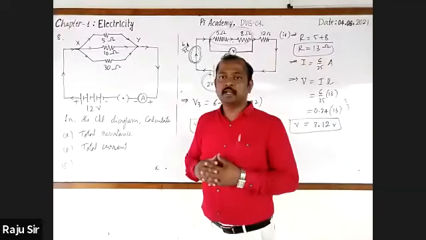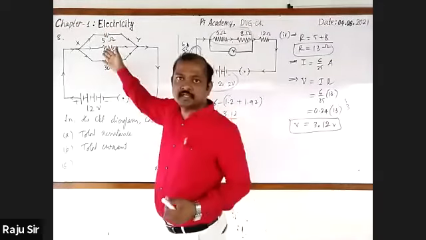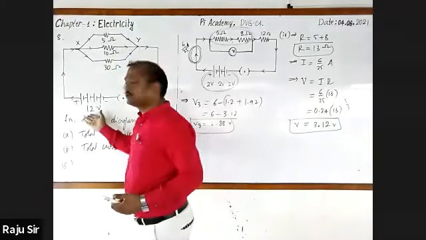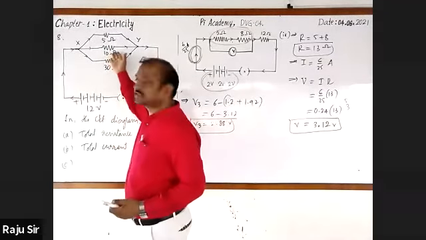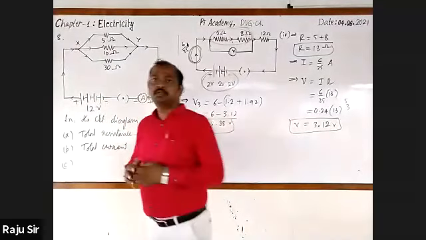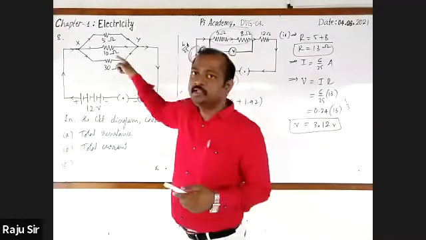Observe here. We know that voltage across each resistor is the same. Voltage across the first one is 12 volts. Voltage across the second one, 12 volts. Voltage across the third resistor is also 12 volts. But the amount of current flowing through each resistor is different.